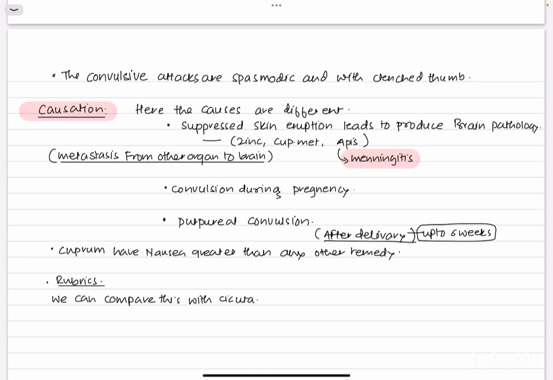If the person has a certain skin eruption, and in the history that person suppressed it, and after some time epilepsy develops, we can think about this group of remedies: Zincum metallicum, Cuprum met, and even Apis mellifica. But in Apis mellifica, generally meningitis develops after a suppressed skin eruption. So these are the metastasis of the skin symptom towards the brain.